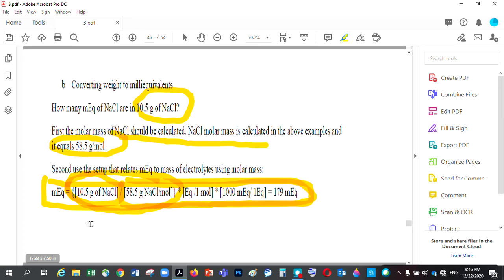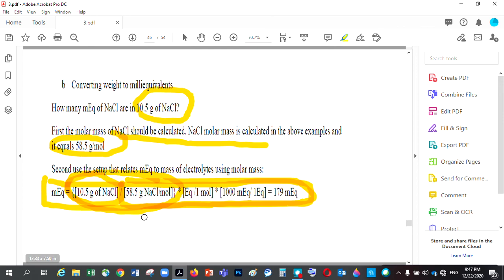And the molar mass is multiplied by all those three. Here it is. So milliequivalent is 10.5 grams of sodium chloride divided by the molar mass, multiplied by the equivalent per 1 mole, multiplied by 1000 milliequivalent per 1 equivalent, will give me 179 milliequivalent.